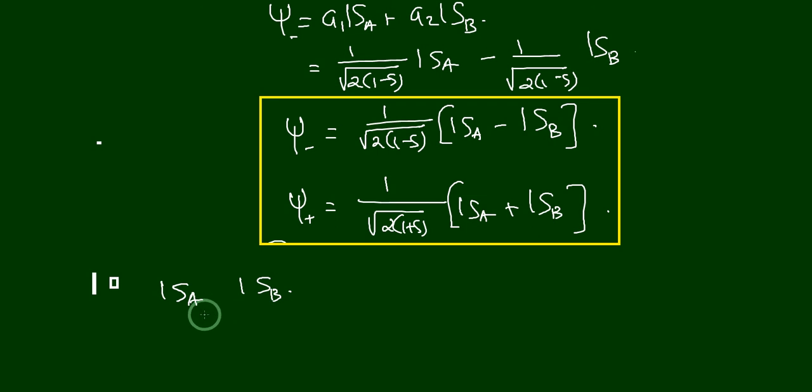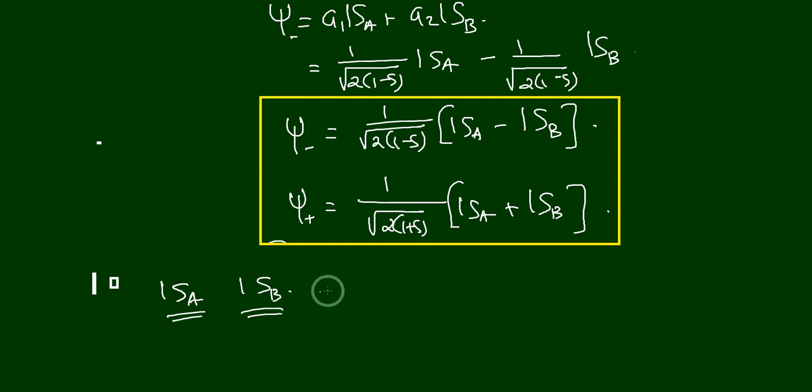The hydrogen atom's lowest energy atomic orbital is the 1s orbital. After that we have 2s, 2p, then 3s, 3p, and like that we have many orbitals. Here we have taken only the lowest energy atomic orbitals 1s a and 1s b, and when we linearly combine them, it leads to two molecular orbitals, psi plus and psi minus.